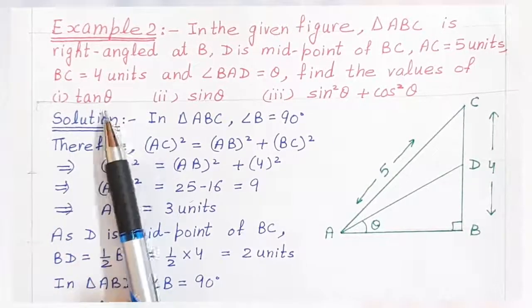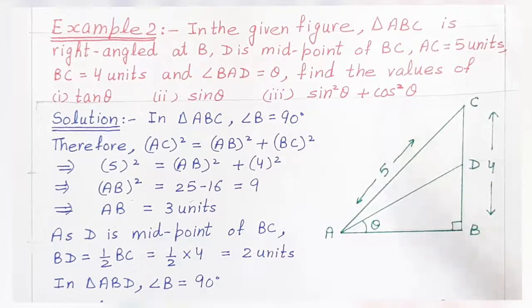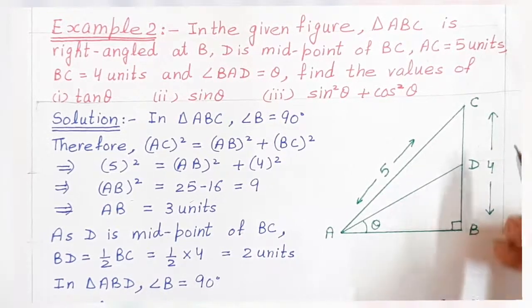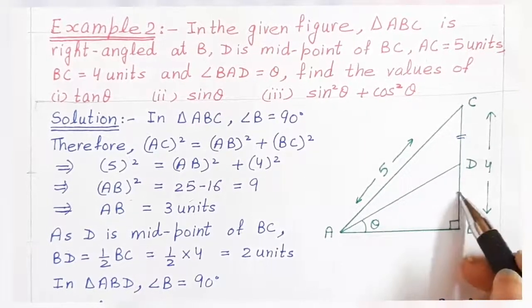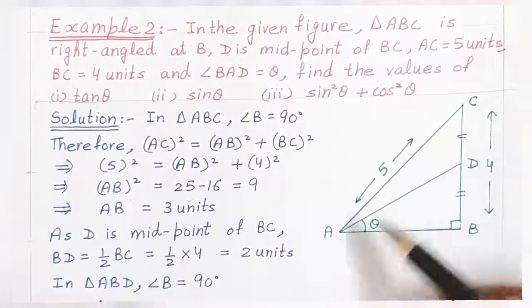Now let us consider one more example. In the given figure, triangle ABC is right angled at B. D is the midpoint of BC. That means DC and DB are equal. AC is 5 units.